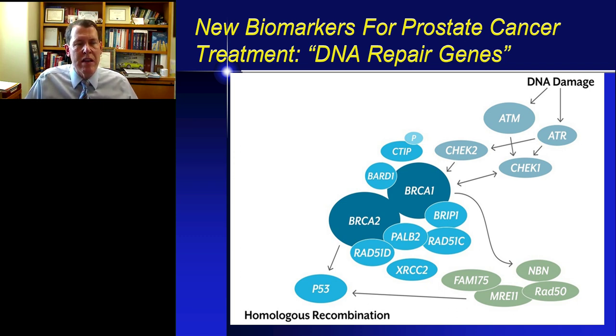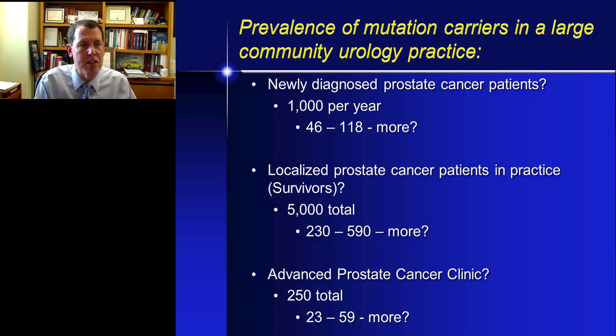And so, as a urologist, we see a lot of males who have elevated PSA, enlarged prostate, kidney stones, and all kinds of diseases of the male urinary tract. But to put this in perspective, in a large community urology practice, which may be diagnosing 1,000 new prostate cancer cases per year, anywhere from 50 to 115 patients in that practice could harbor a mutation in one of these genes.